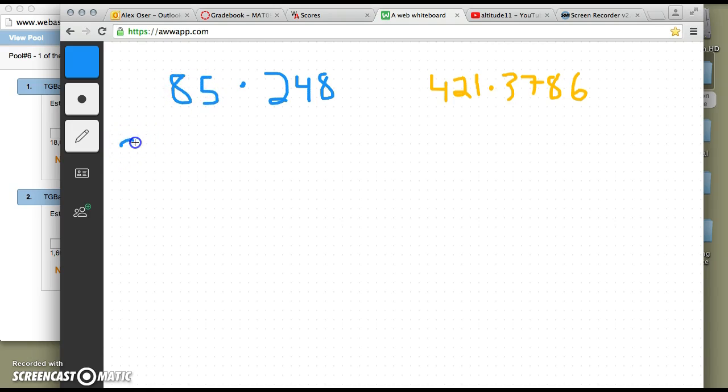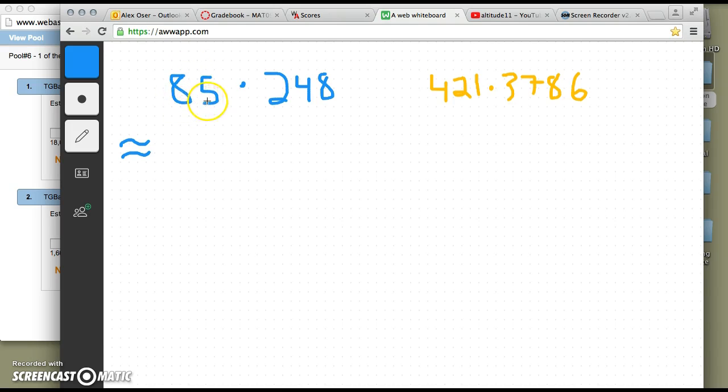Our estimation sign is kind of like an equal sign, except you're using two squiggly bars instead of two straight bars. So what I'm saying here is that 85 times 248 is going to be approximately what I'm going to write down on this line. What we do is we front-end round both of these numbers.